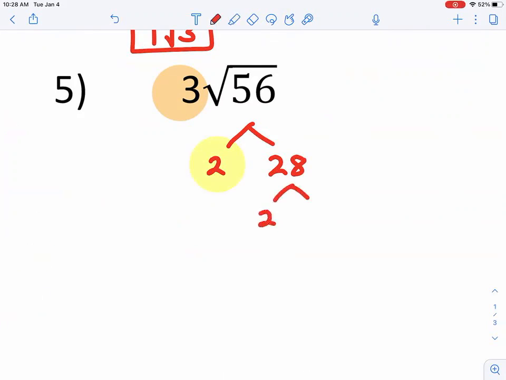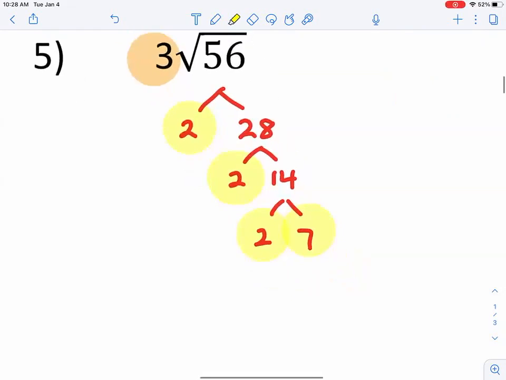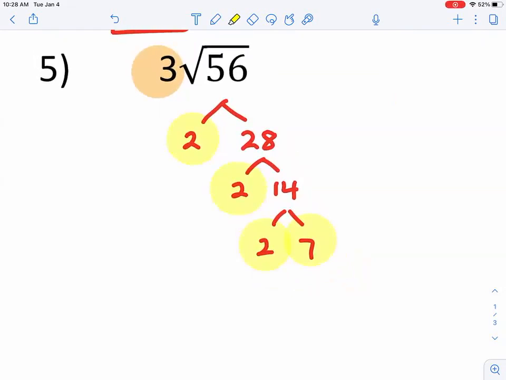And 28 is even, so that's going to be 2 times 14. 14 is even, that's going to be 2 times 7. Seven is actually a prime. So I have now factored it all the way down where I have all prime numbers.